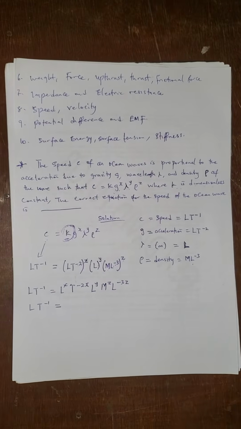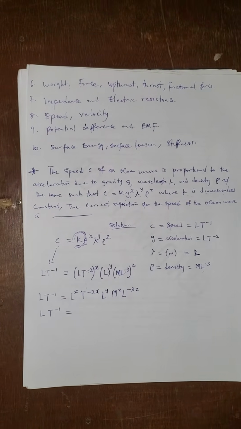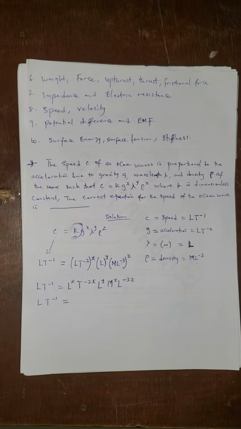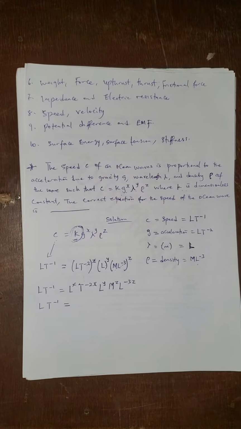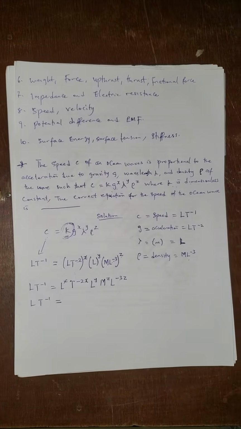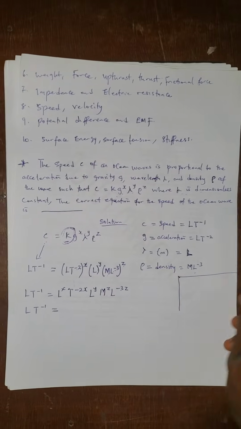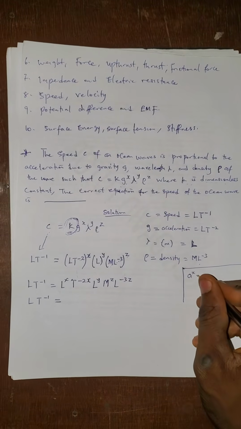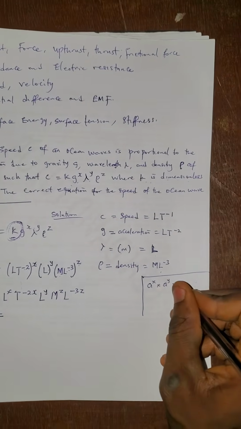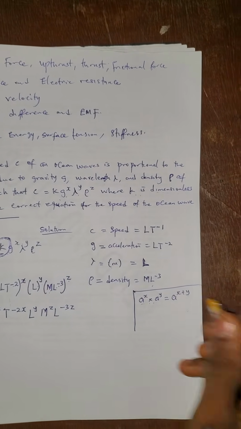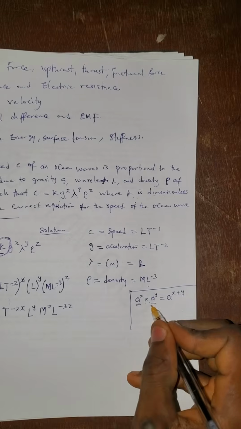Now let us collect the like terms. If we are to collect the like terms, we are to bring all the L together. Don't forget, let me remind us of the law of indices. The law of indices says that if you have a raised power x multiplied by a raised power y, then if it is multiplication, it will be a raised power x plus y. So you can see that they have the same base.